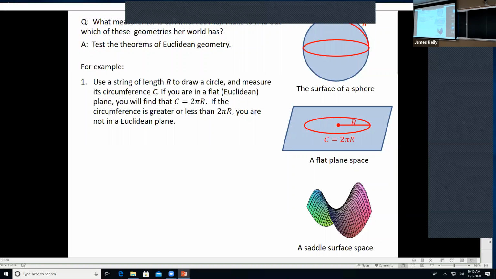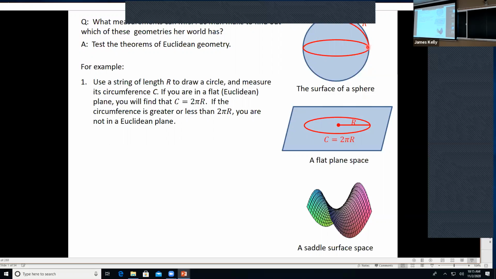Here's one circle she could draw. It doesn't have to be that big of a circle. She could have drawn a smaller circle, but in this case, it's pretty clear that the circumference is not going to be as big as we would expect it to be if you were sitting in a Euclidean space.